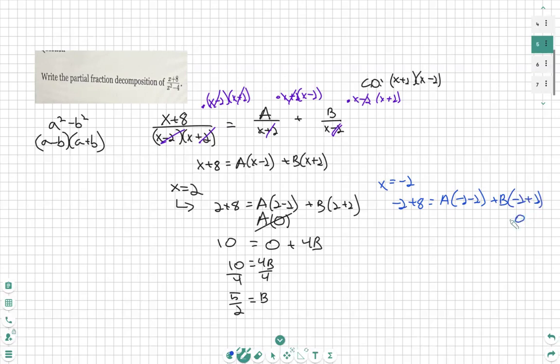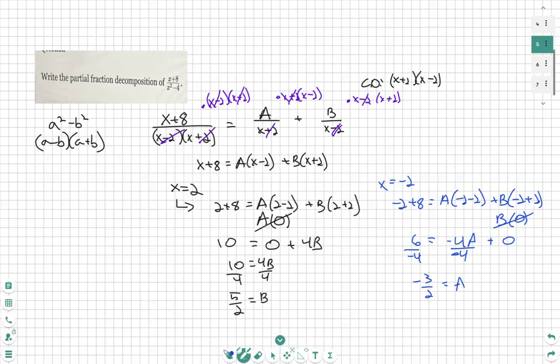Negative 2 + 2 is 0. Anything times 0 is 0. This turns into negative 4A because negative 2 minus 2, and this turns into 6. We're going to divide by negative 4. Sorry, this is an A, not a B. My fault. Divide by negative 4. We see A is equal to negative 3/2.